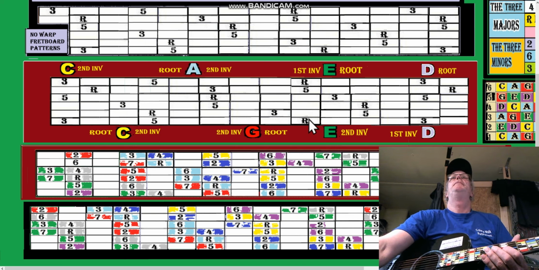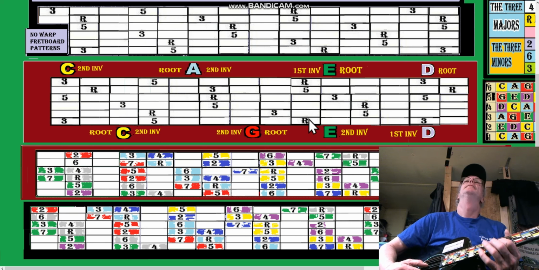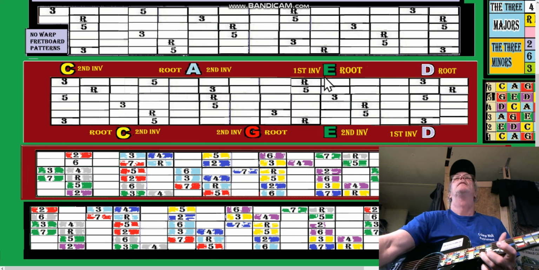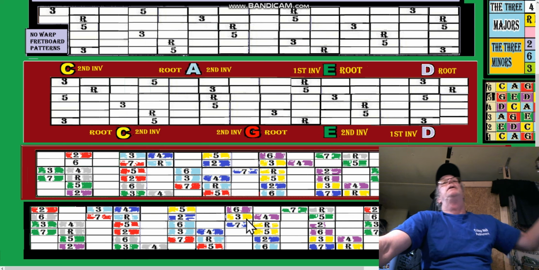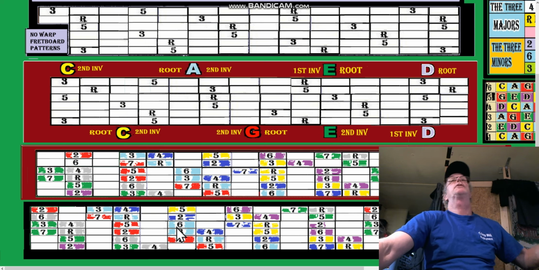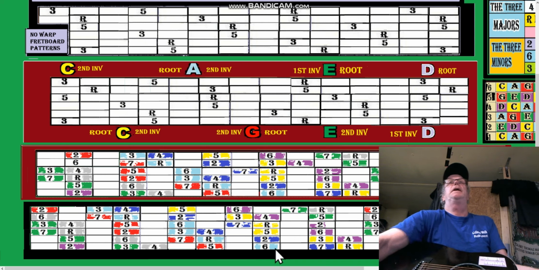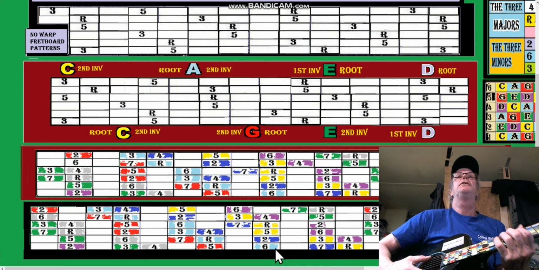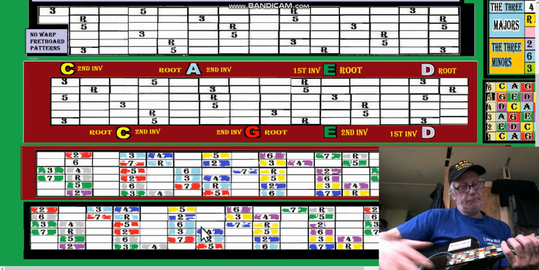So in this one, up there to that root. Alright, so we're going to be using this concept, and it works with the minors too. Okay, so with the A minor in the key of C, it's a minor third, major, and then straight up.